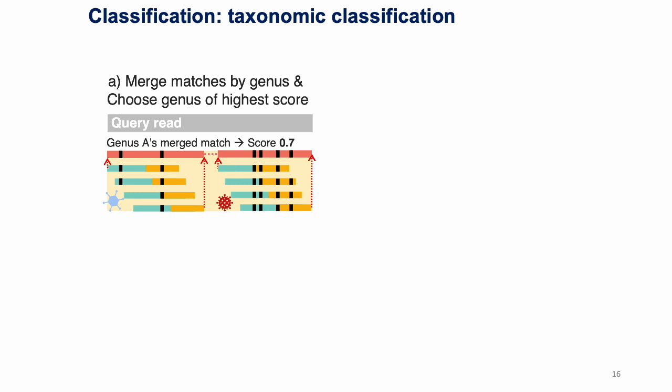The matches were first merged by each genus, and the merged matches, like this red bar, are compared to the query read to calculate the sequence identity score, which is 0.7 here.